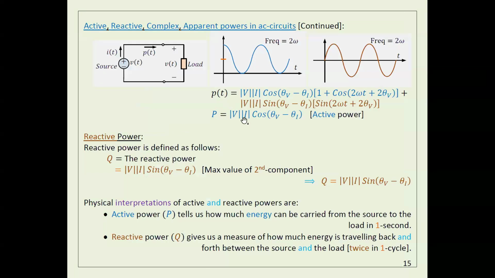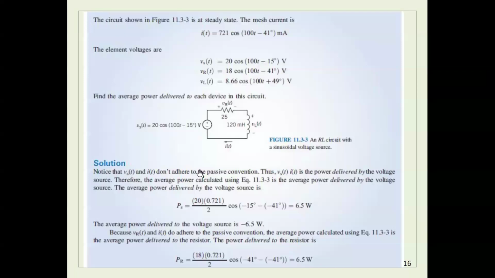The average power is V times I times cosine of theta V minus theta I. You can use this formula if V is V maximum divided by square root of 2. But you will find in the textbook that you put V maximum and I maximum, and then you have to divide by 2. That's what I did. So for the first one, I got V maximum and I maximum.